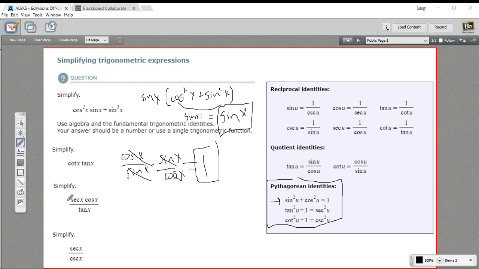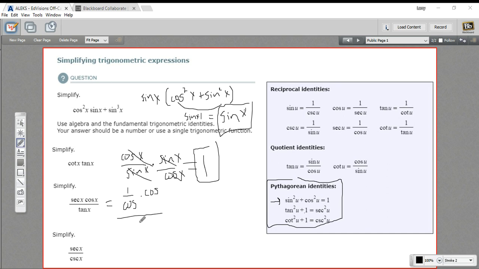This looks tricky. The secant times the cosine over the tangent. So I think I'm going to convert this all to sine and cosine. So what's the secant? The secant is 1 over the cosine. And then we have that multiplied by the cosine.